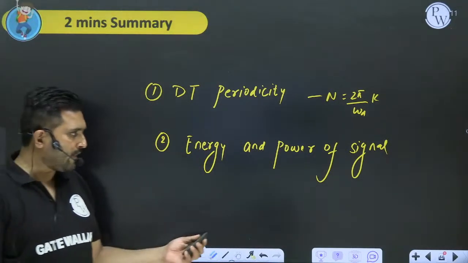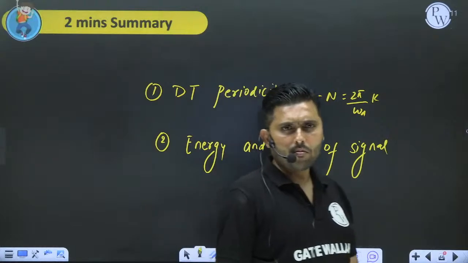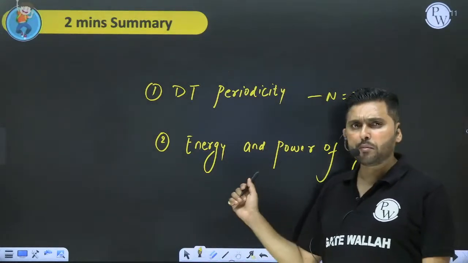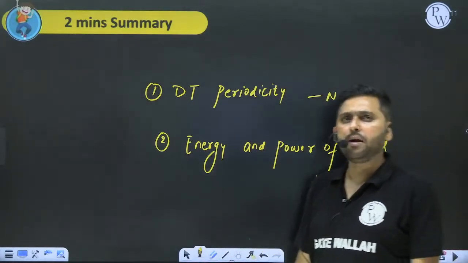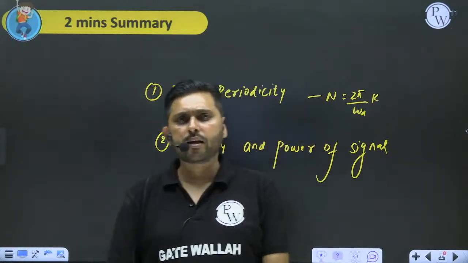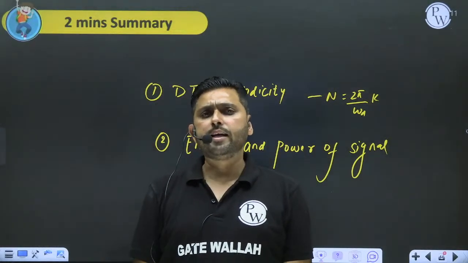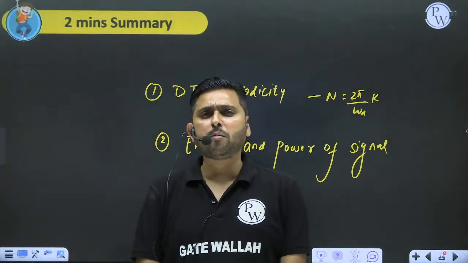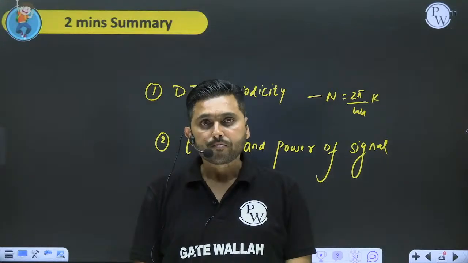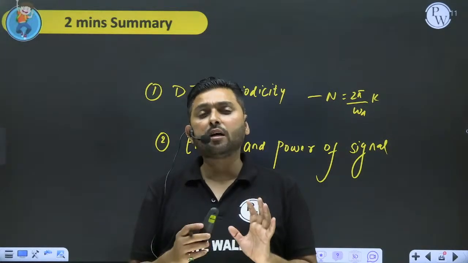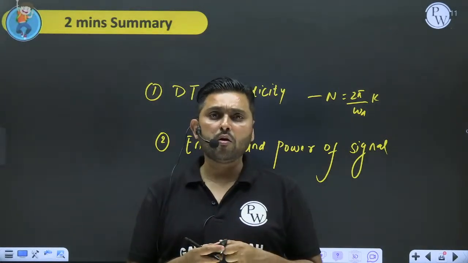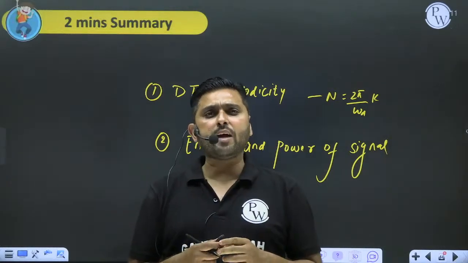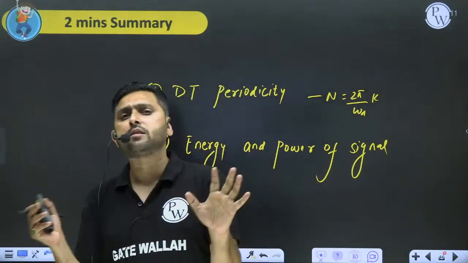From tomorrow I will start with the problems and I will revise a little bit, and then I will cover everything in tomorrow's class. And in tomorrow's class we will talk about the symmetry of signals also. Okay, so this is the third part of characteristics of signals for tomorrow, and one more part will come. Then after that the complete basics of signals is covered.